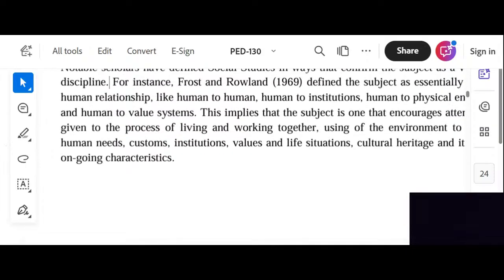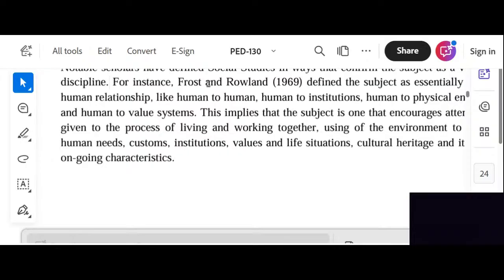If you see this definition, you see that social studies covers every part of human life, every part of human relationship life, everything the human relates with. That is the concern of social studies.